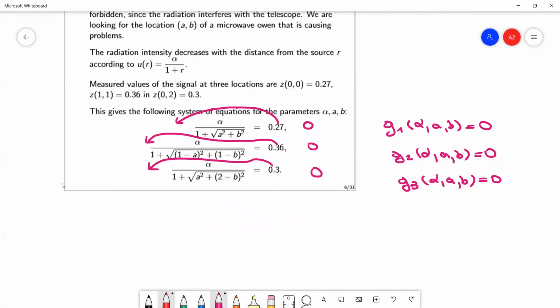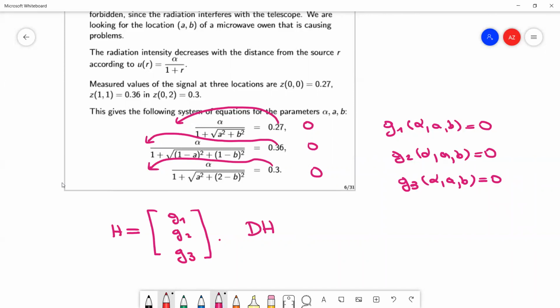So to apply Newton's method, we will need a derivative of this function. So now our H is G1, G2, G3. And to apply Newton's method, we need this Jacobian matrix.